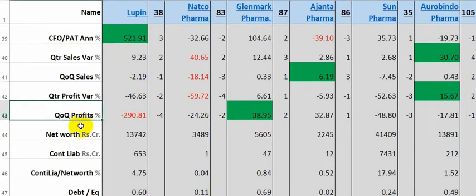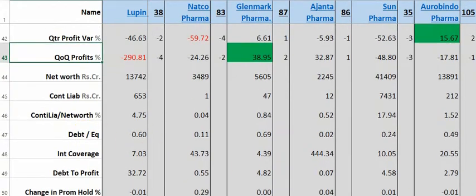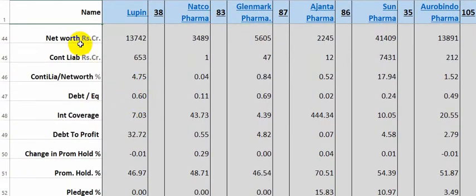Next we'll look at the net worth of the company, or how big the company is. This is not the market capitalization, this is the actual value of the company after it clears off all its liabilities by selling all its assets, and then what remains is its net worth.